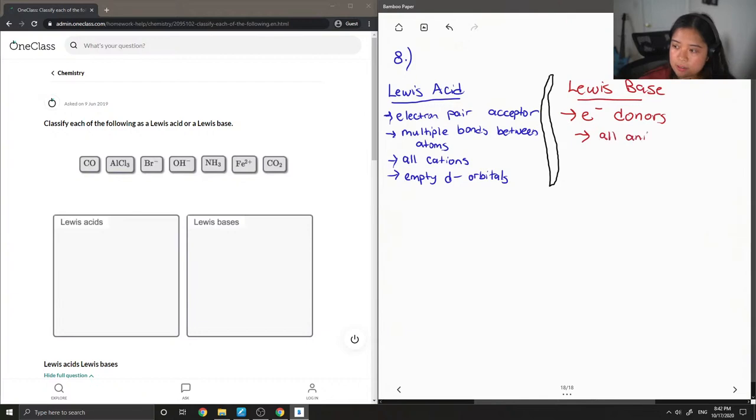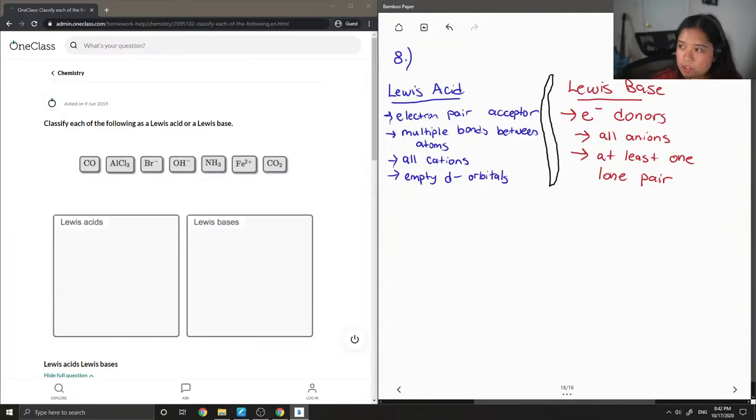All anions, so all negatively charged anions, are Lewis bases. Finally, they have at least, or they can have at least one lone pair. Okay, so let's look at our options here.